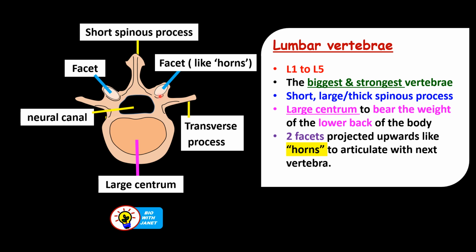So the facets look like horns which articulate with the next vertebra. This will help you to identify the lumbar vertebrae apart from the large centrum that each lumbar vertebra has.